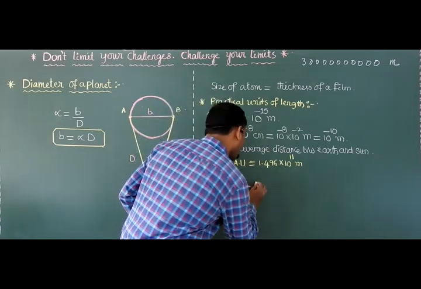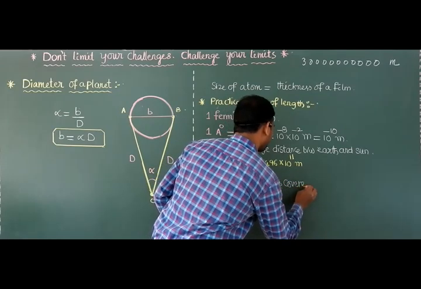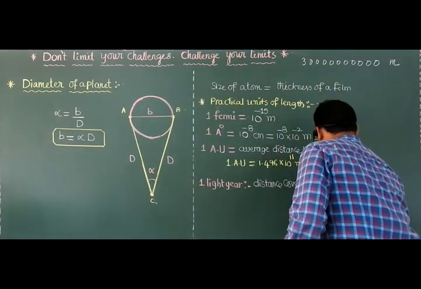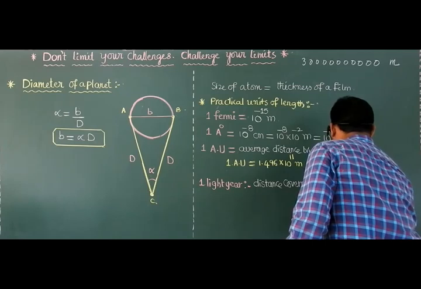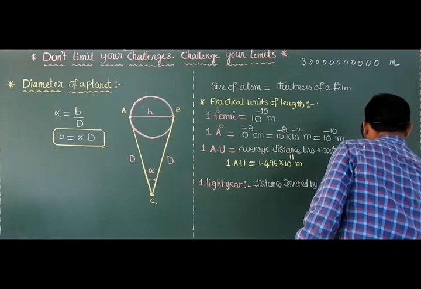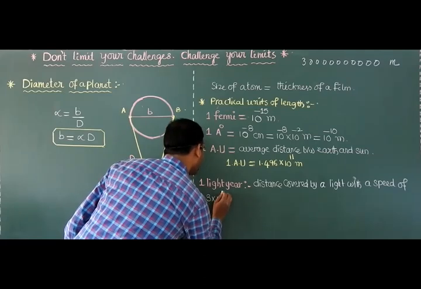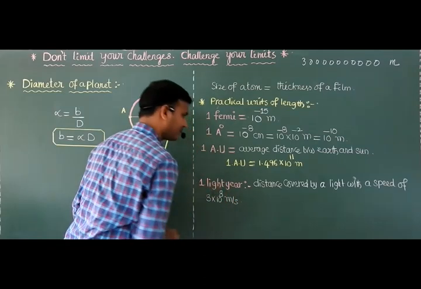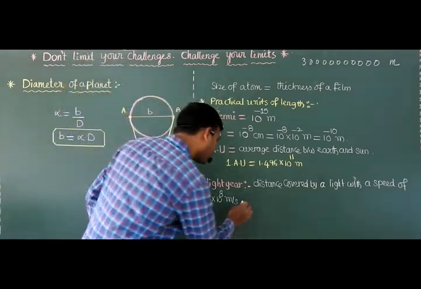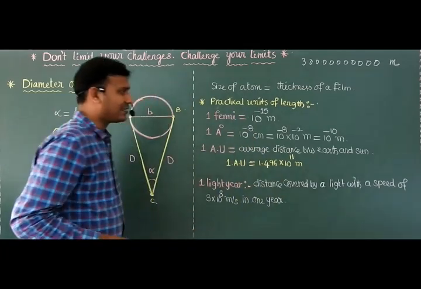So here I will write: it is the distance covered by a light with a speed of 3 into 10 raised to 8 meter per second in 1 year, known as light year.